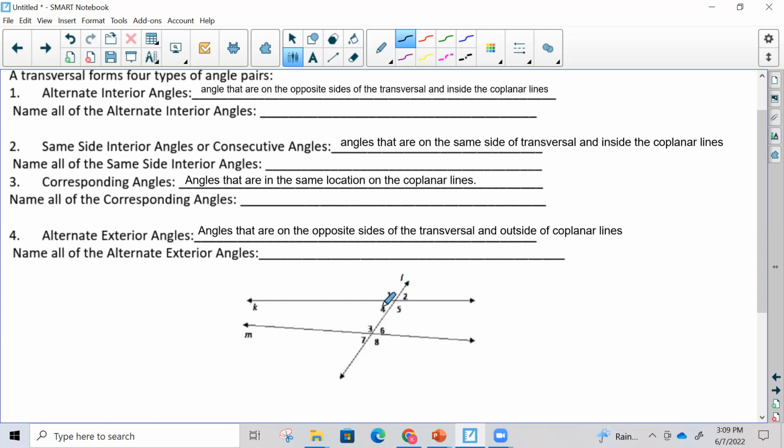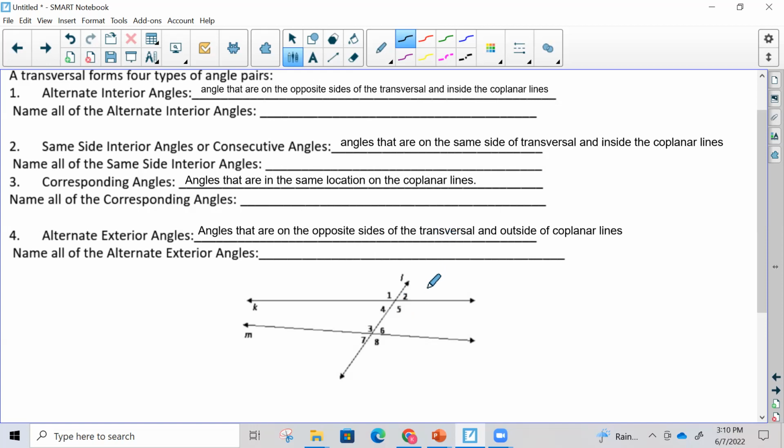I am comparing the top four angles to these bottom four, and I'm looking at the angles that are inside the coplanar lines, so between those two lines. The inside angles are 4, 5, 3, and 6. The outside, known as exterior angles, are 1, 2, 7, and 8. They're outside these two lines, not in between them.